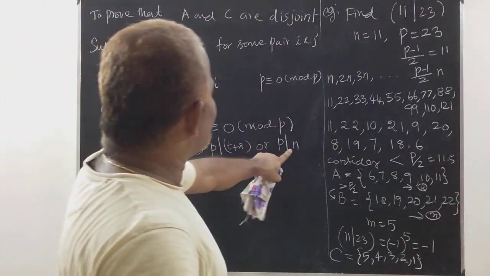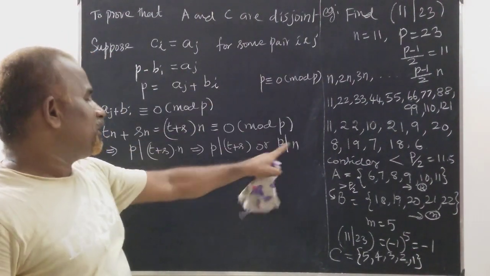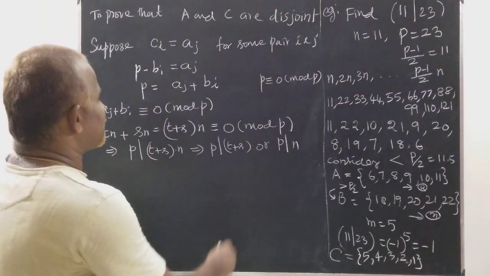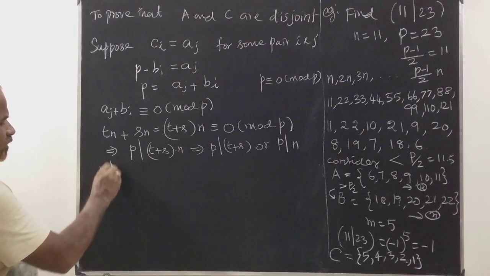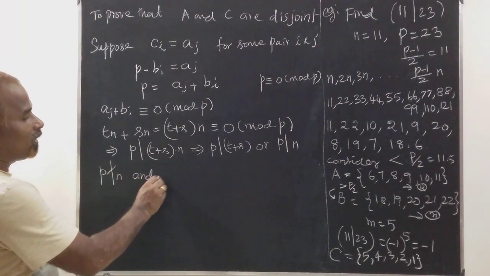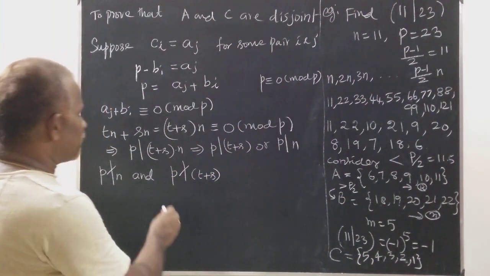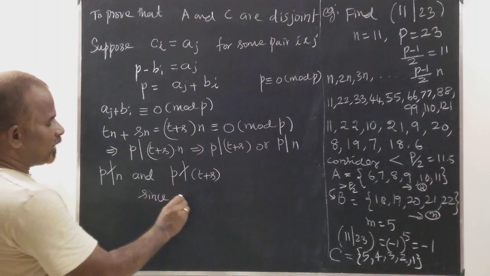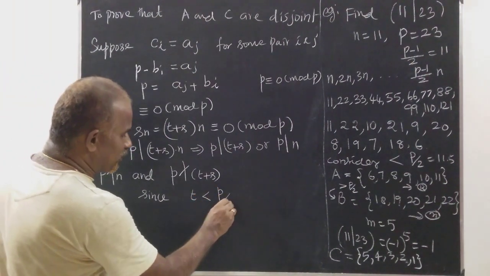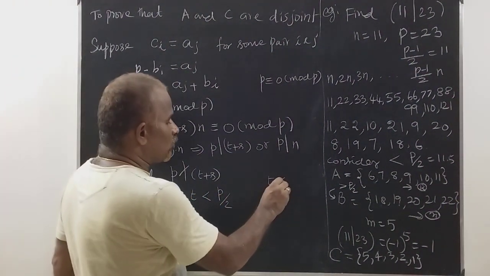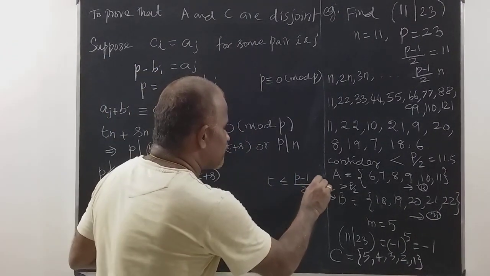But P does not divide N. So in the lemma itself, the first line in the lemma is given that P does not divide N. And also P does not divide T plus S. Why does P not divide T plus S? Since T is less than or equal to P minus 1 by 2, therefore T is less than P by 2.